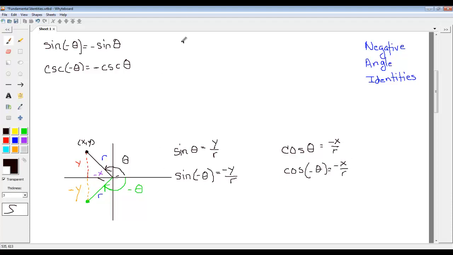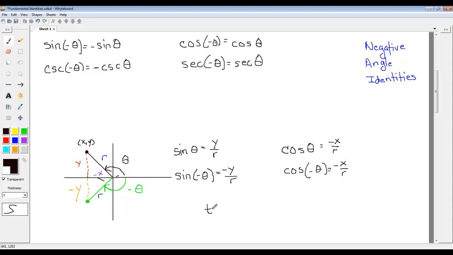So you can say that cosine negative theta comes out the same as cosine theta. And that's going to be true for its reciprocal, secant. Secant negative theta is going to equal secant theta. So that's two more negative angle identities.